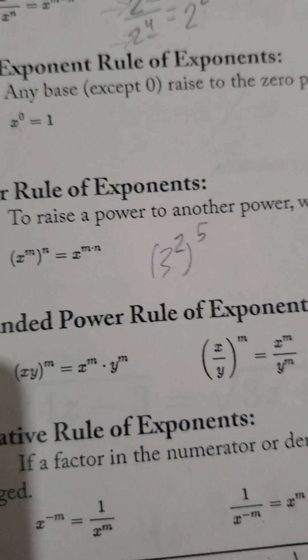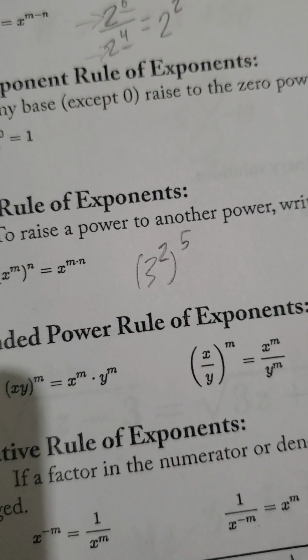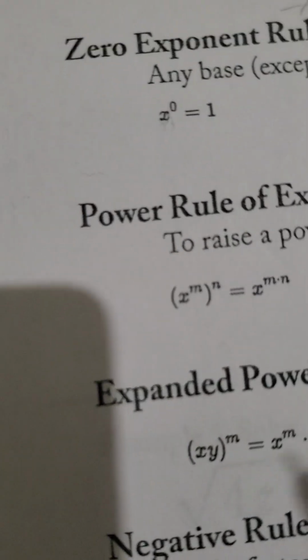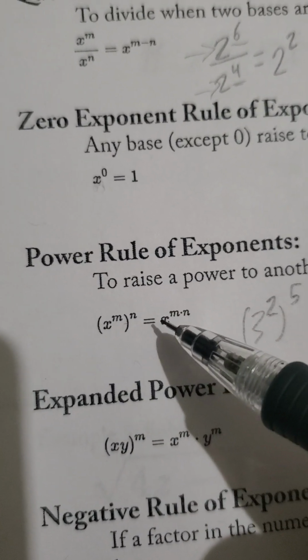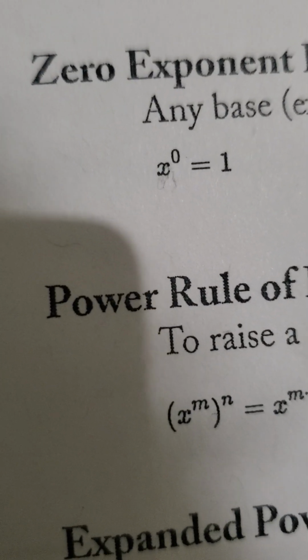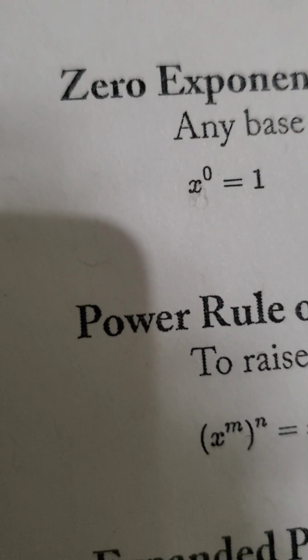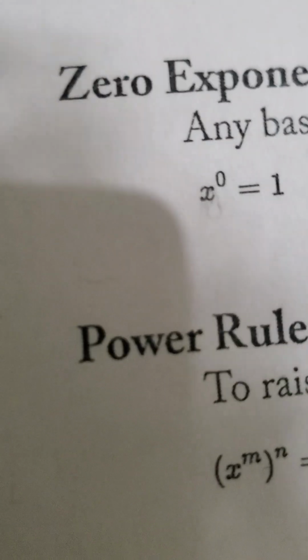So this is our example right here. 3 squared raised to the 5th exponent, kind of like the x to the m, to the n. This is equal to 3 to the 2 times 5, better known as 3 to the 10th power.